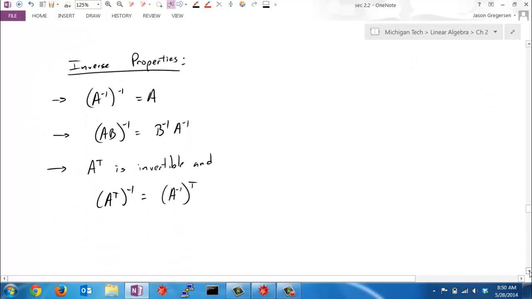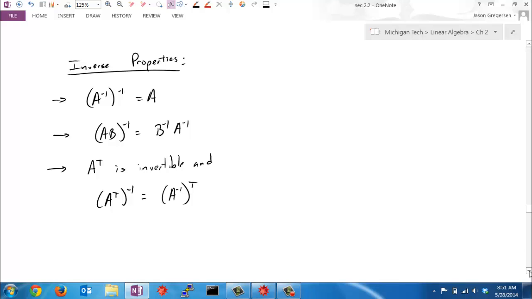Now we know how to calculate the inverse. So now there are some special properties of the inverse. Some are going to be more intuitive than others. The inverse of an inverse is back to that original matrix. It's almost like that transpose property. Now we have another one. If I have the inverse of a product, it's the product of the inverses, but in reversed order, just like the transpose as well.